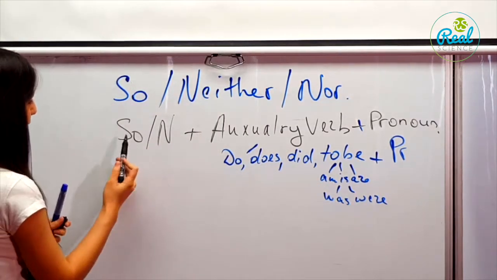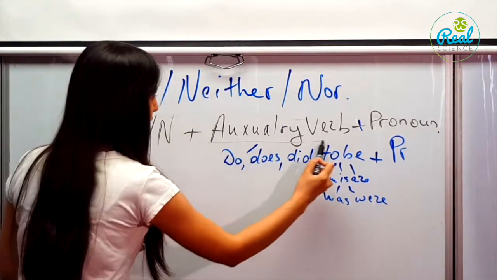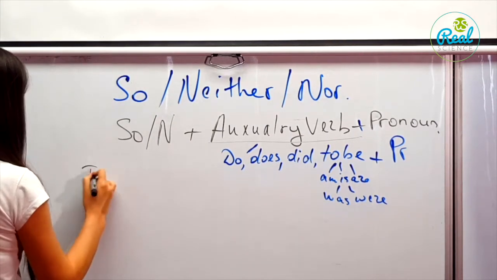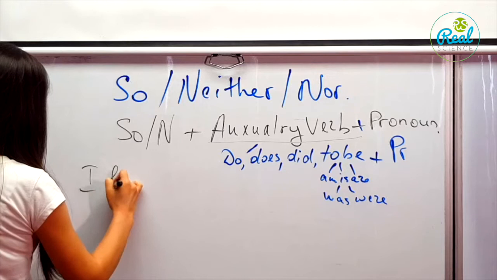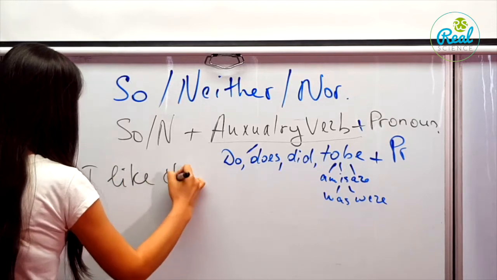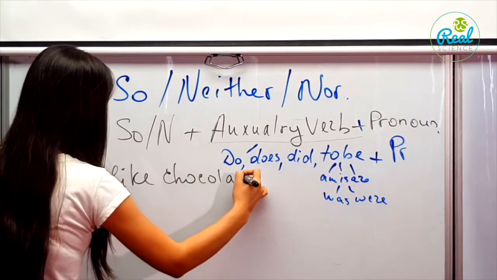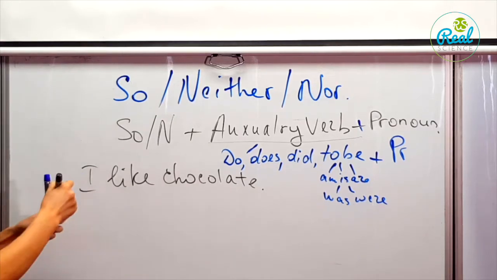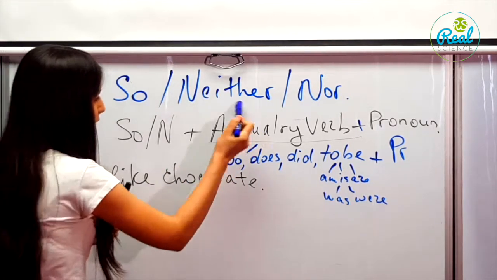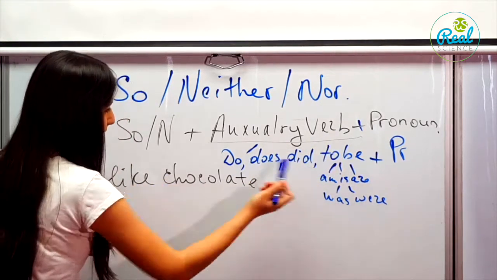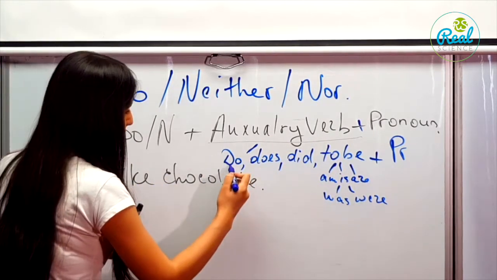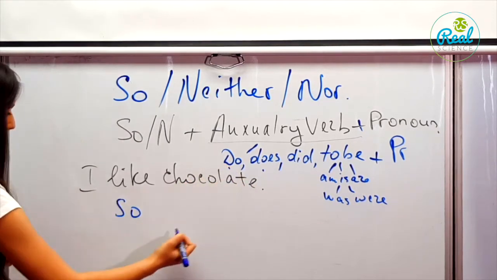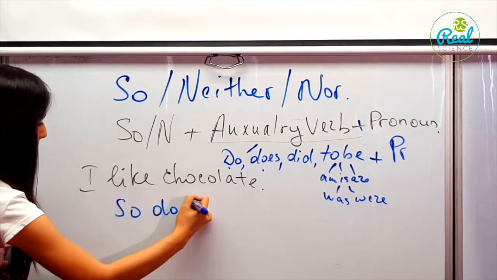So, look, after "so," "neither," "nor," you have to put an auxiliary verb. Now let's look at the example. Your friend told, as I gave as an example, I like chocolate. This is in which tense? Present simple. So you should put one of them, only in present simple: either "do" or "does." If I, then "so do I."